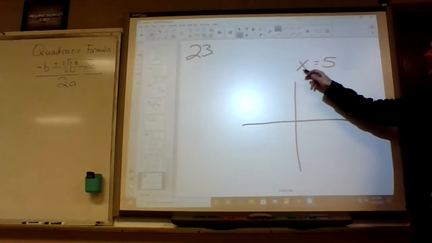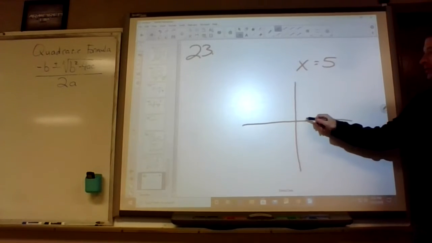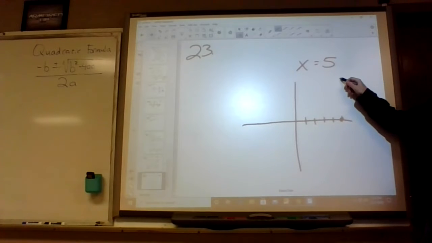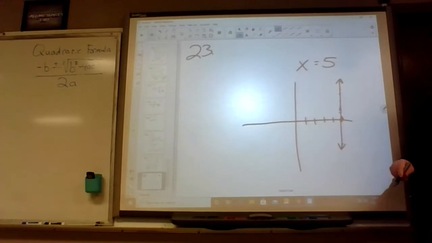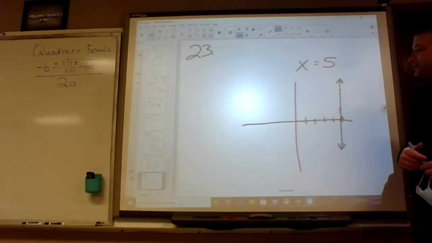So this is different. You go to the x-axis to 5. That's over here. 1, 2, 3, 4, 5. So it's a vertical line through there. That's where all the x values are 5 along this line. So that's what number 8 on the back of your worksheet should have been.